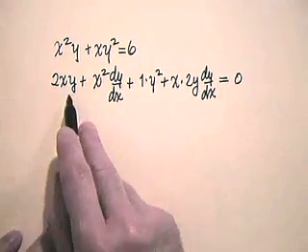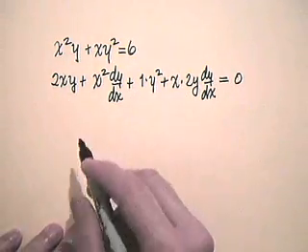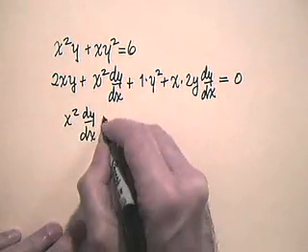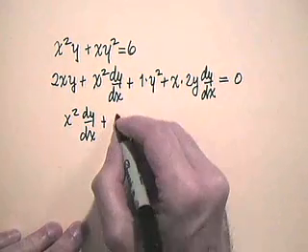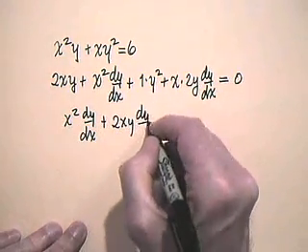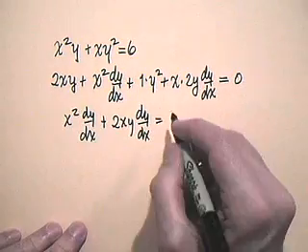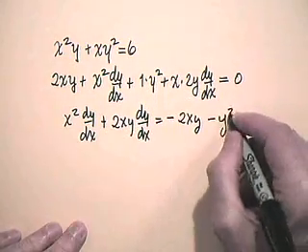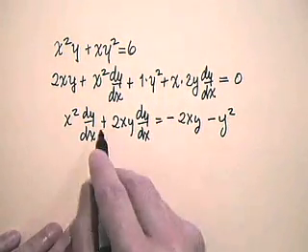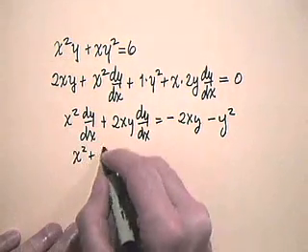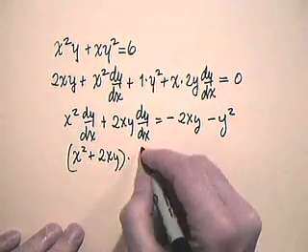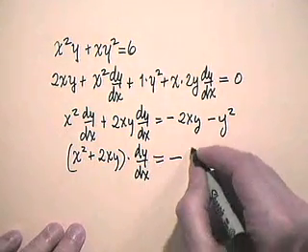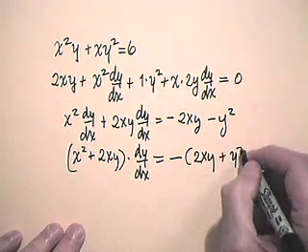Take the two terms here without the dy dx and move them to the right-hand side. So we're left with x squared dy dx plus 2xy dy dx equals negative 2xy minus y squared. Factor out the dy dx. So we have x squared plus 2xy, all times dy dx, equals negative 2xy minus y squared.